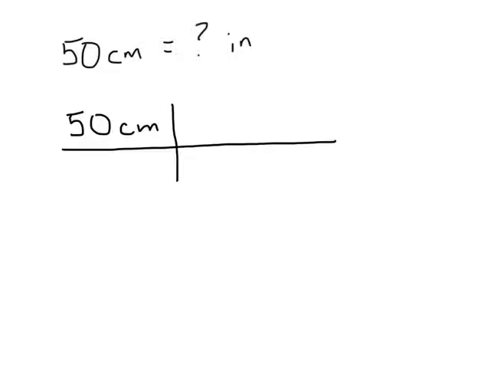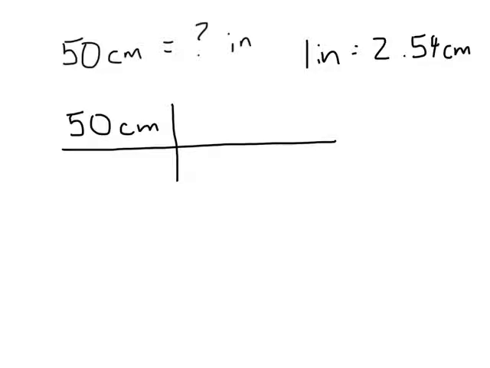So I'm going to check on my conversion chart for something that uses centimeters and inches. And indeed what I find on my conversion chart is that 1 inch equals 2.54 centimeters. So in one of the boxes I'm going to put 1 inch, and in one of the boxes I'm going to put 2.54.